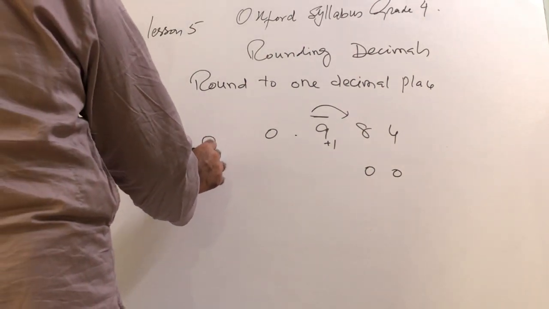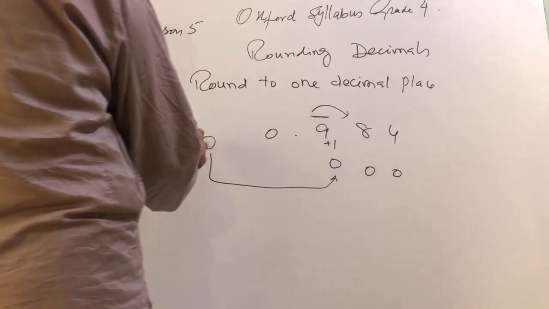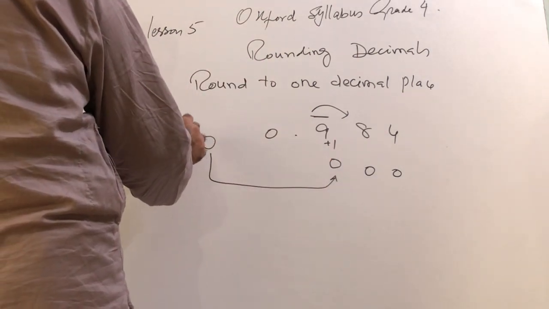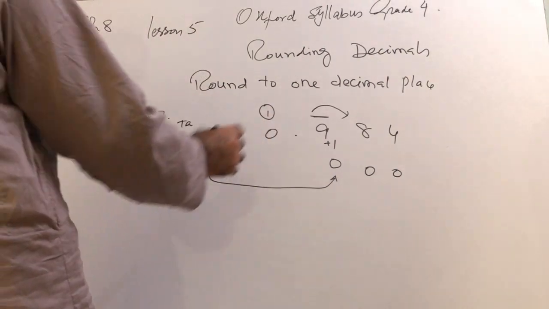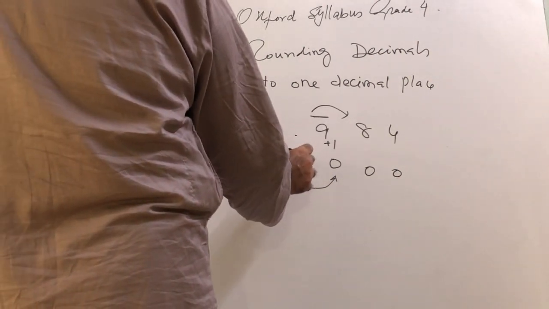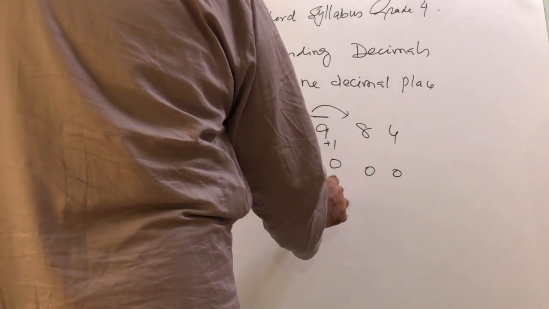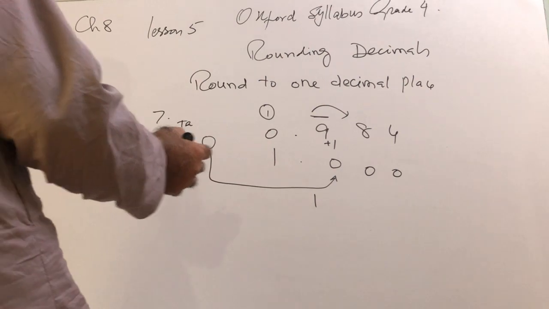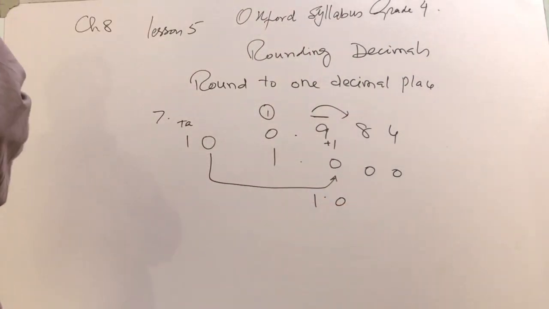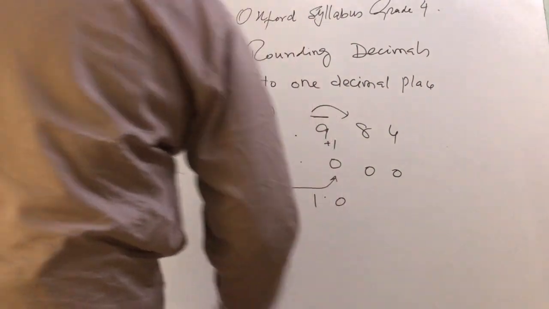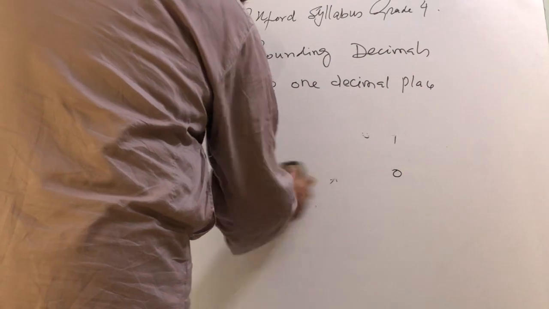Now this 0 will be coming here, and this 1 is in the 10's place, so it will be carried forward. The point comes here. 0 plus 1 is 1. 1.000 is 1. The answer is 1, or you can say 1.0 because this is one digit after the decimal place. Okay. So this is how to deal with this question. Now I will be moving ahead.